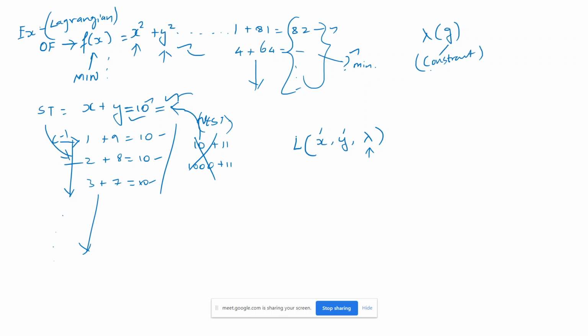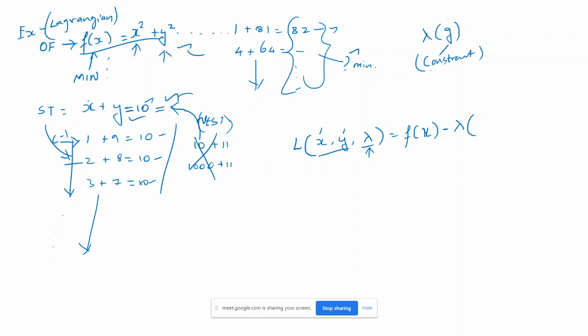What this Lagrangian is doing is augmenting both the objective function and the constraint in a single equation, and what will we get? We will get f of x, the function minus lambda of the constraint equation.